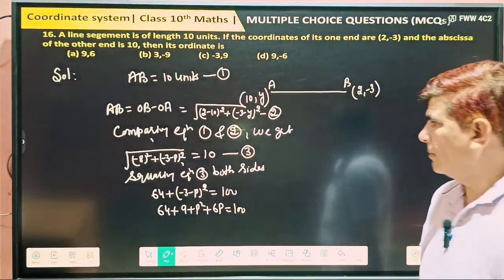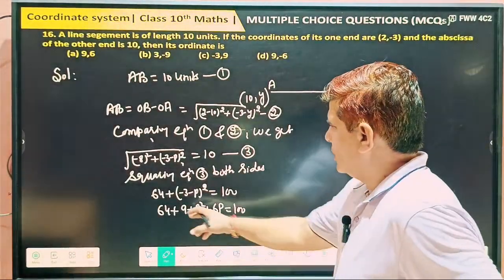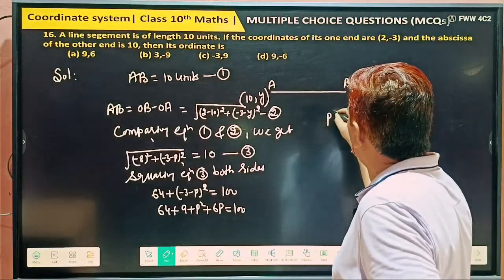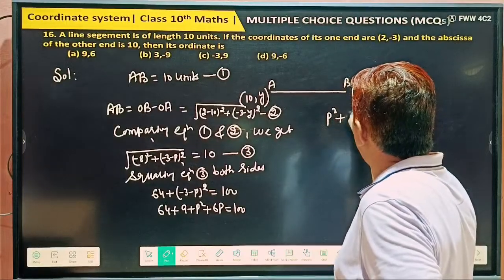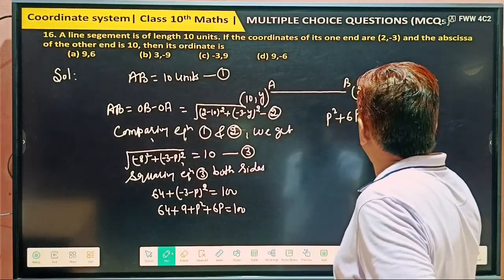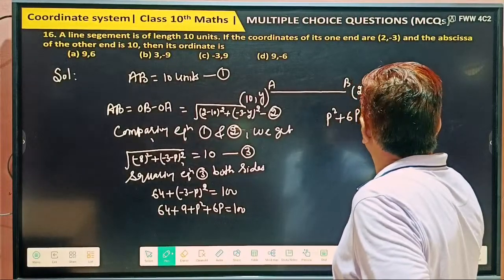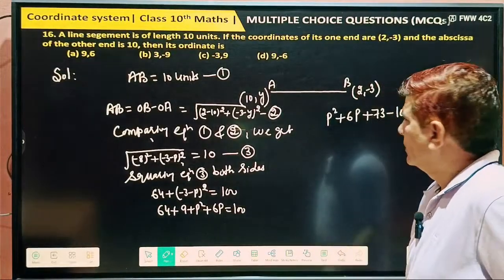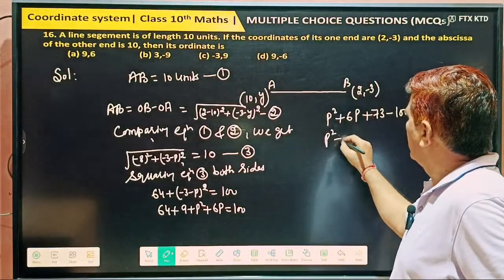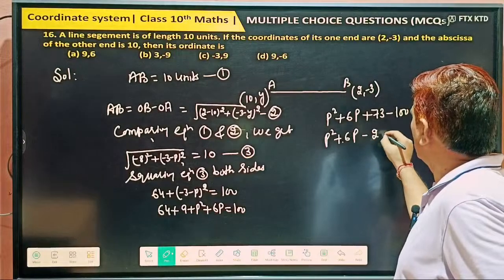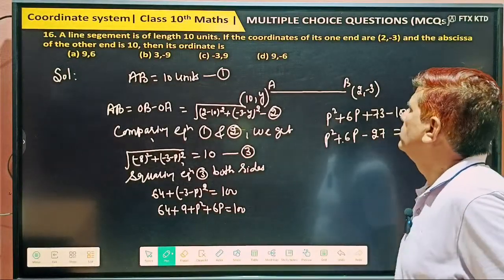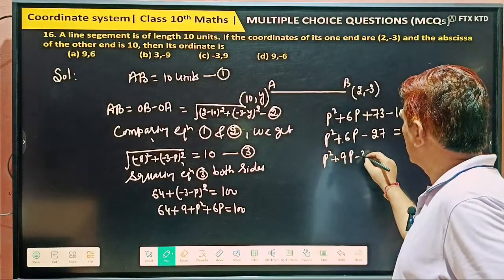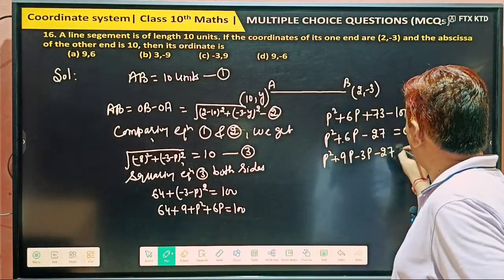Same question repeating but statement changing. 64 plus 9 is 73, so p square plus 6p plus 73 minus 100 equal to 0. So p square plus 6p minus 27 equal to 0. Make its factors: p square plus 9p minus 3p minus 27 equal to 0.